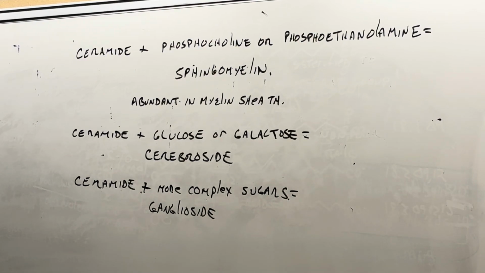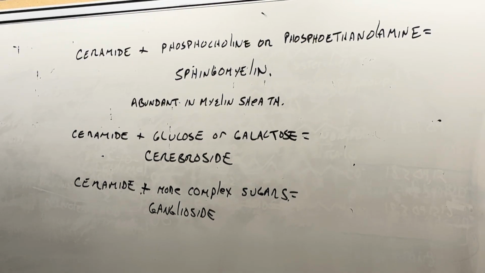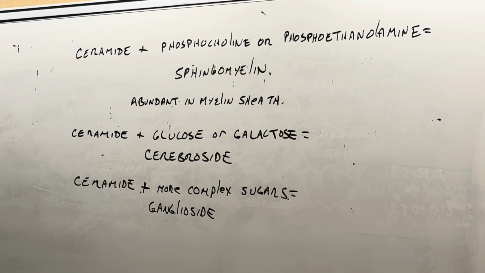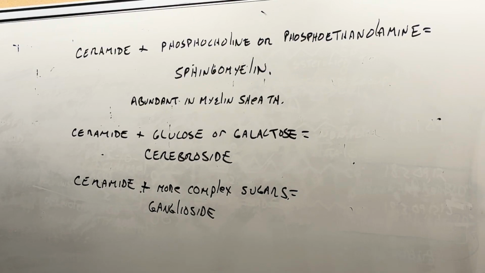So we have a lot of variability, right, in these lipids that are going to be making up our membrane bilayer. And an interesting question to ask is why. The most simple one was the phosphatidic acid that just had the glycerol backbone plus a phosphate, right? Why do we need all these variations?